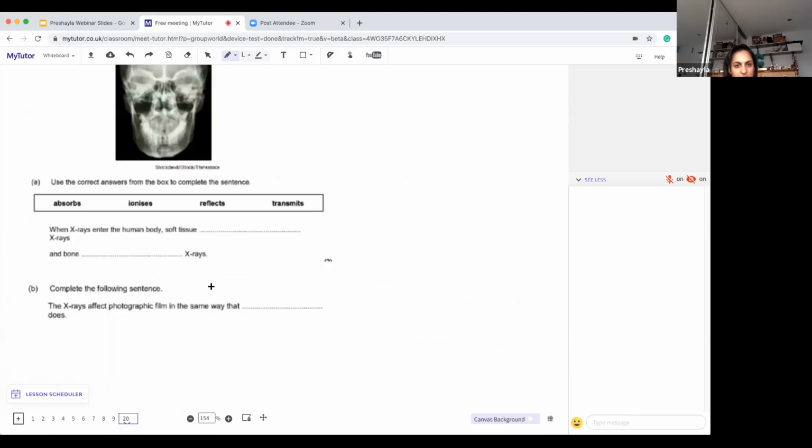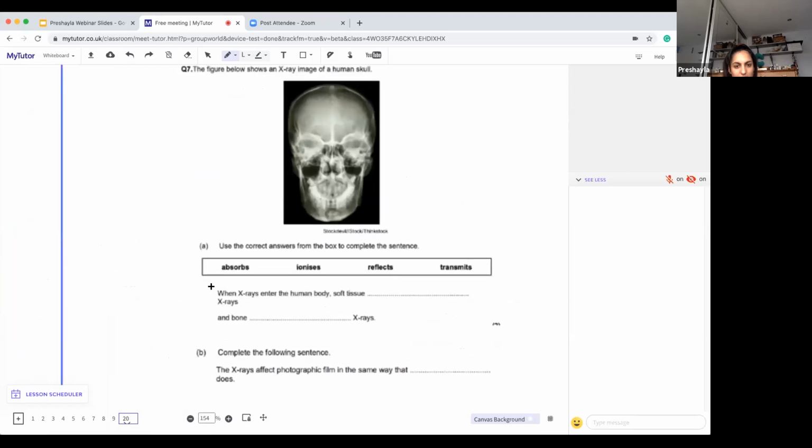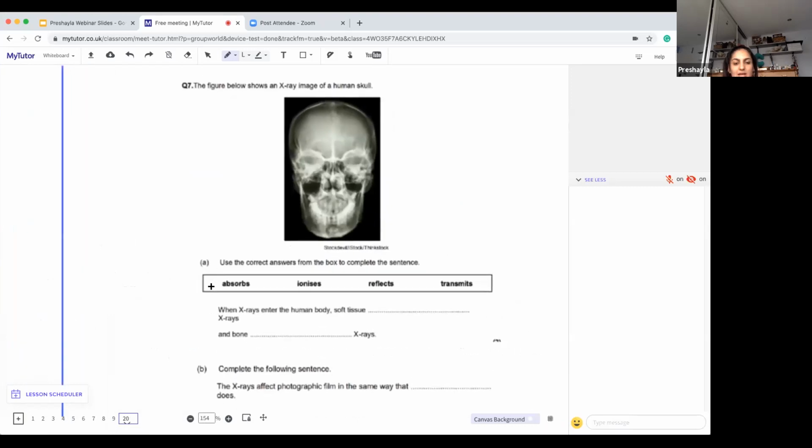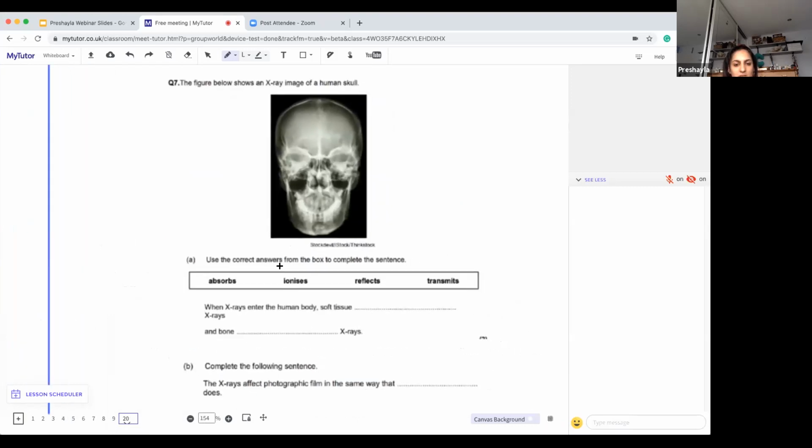This one is again about an X-ray of a human skull. Now you need to use the correct answers from the box to complete the sentence. So when X-rays enter the human body, soft tissue X-rays and bone X-rays, what goes in those gaps?